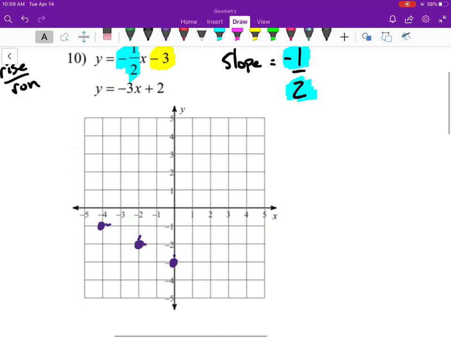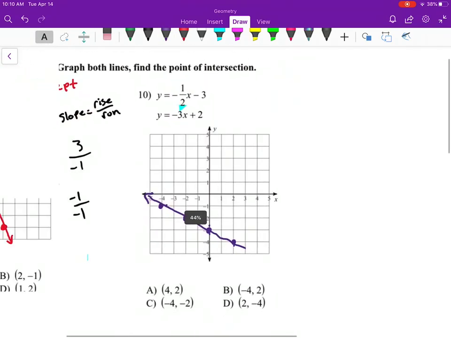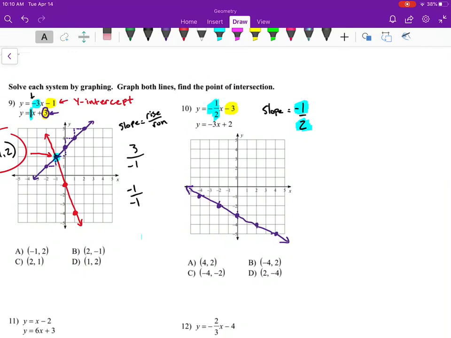And we're going to go down 1 and then right 2. Down 1 and then right 2. Okay, and you can kind of see, just by looking at it, you can see the line right there. Okay, we'll just eyeball it. And there it is.